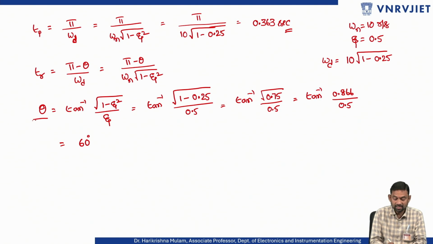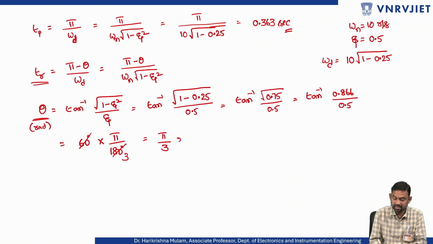But theta should be considered in radians in this formula for rise time. Therefore, this 60 degrees should be converted into radians. How to convert it into radians? 60 degrees should be multiplied by pi by 180 degrees. So 60 into pi by 180 is pi by 3.